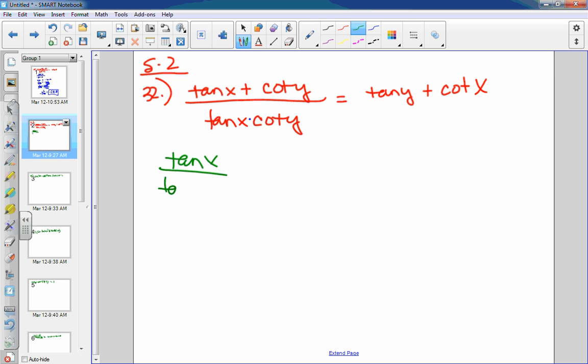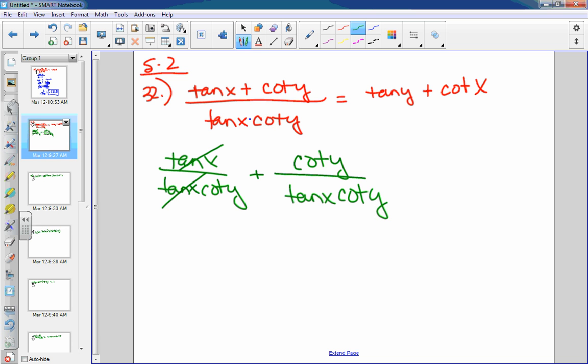Tan of x over the whole denominator plus the cotangent of y over the whole denominator. Yes? What would you do? This cancels out with that, and I'm left with what on top? A 1 over the cotangent of y plus, what happens on the second one?